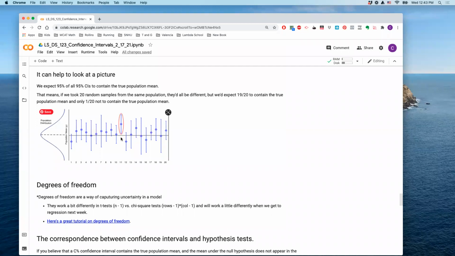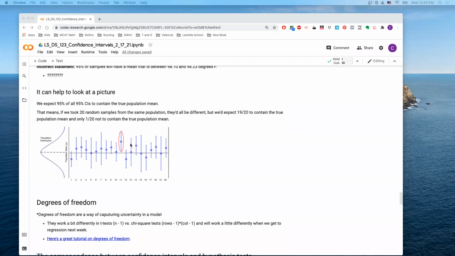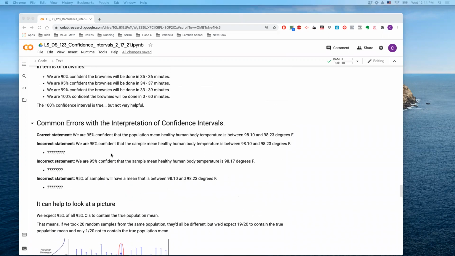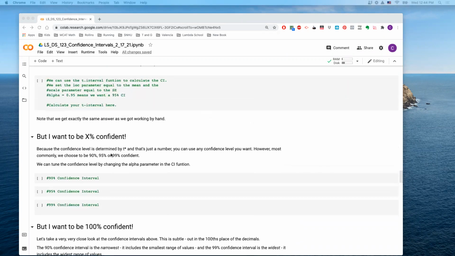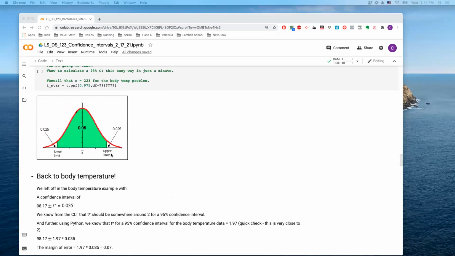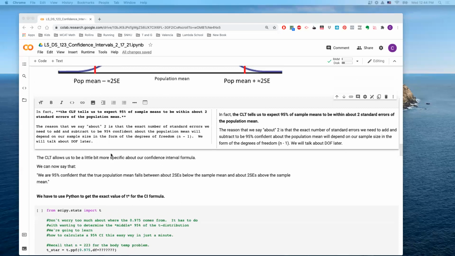There's a 5% chance you're not going to win, but that's a pretty good chance. I would certainly want to go with it. And so it's that about 2 value of T star that's going to allow us to have that 95% chance that we are going to capture the true population mean.